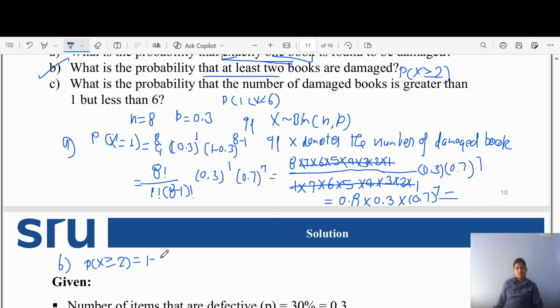Okay. So if we go through this formula, 1 minus P(x) is equal to 0 and x is equal to 1. So why do we use this formula? Because we know that the total probability is equal to 1.